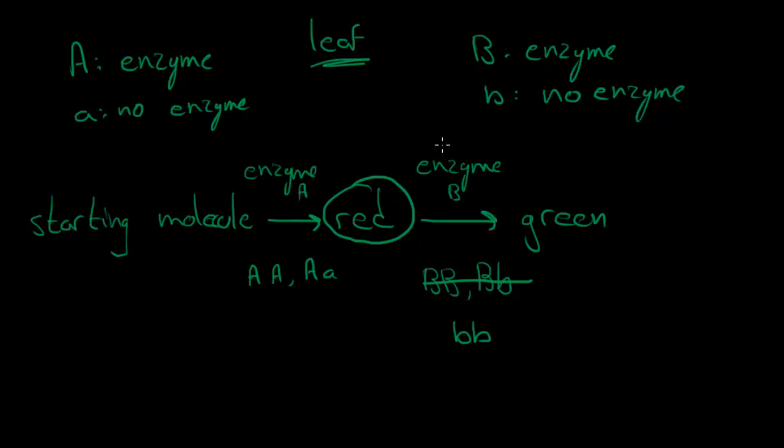So the function of enzyme B depends on the function of enzyme A, or in other words, gene B depends on gene A. So this is an example of epistasis.